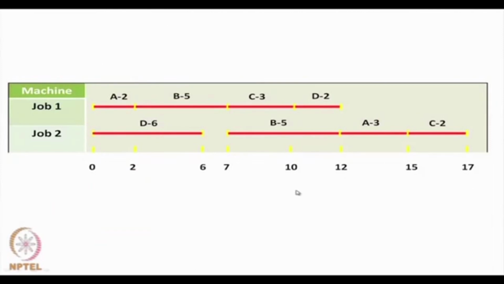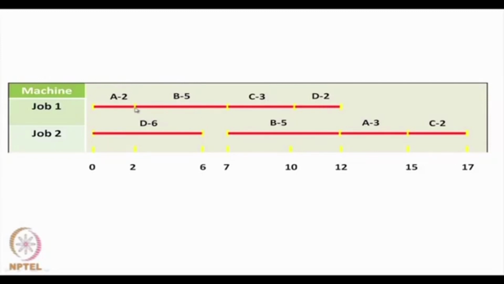Now, for the solution that we have given, this is the Gantt chart, and here it shows how job 1 and 2 are loaded. Job 1 is working, this is sequence A, B, C and D. Machine A takes 2 hours, machine B 5 hours, machine C 3 hours, machine D 2 hours.